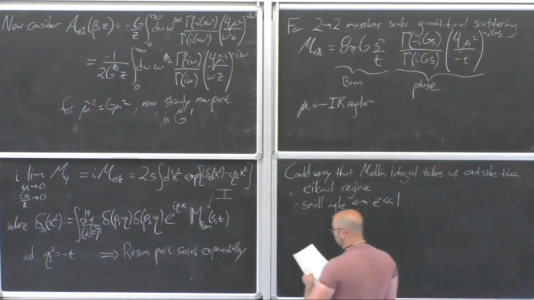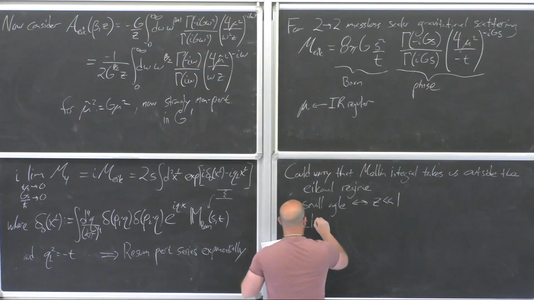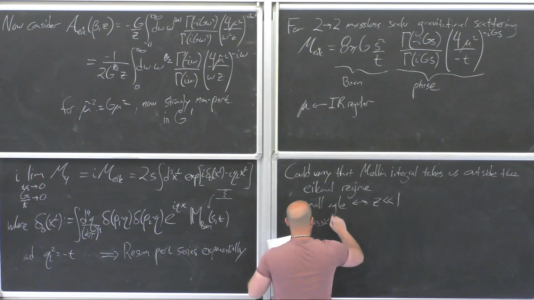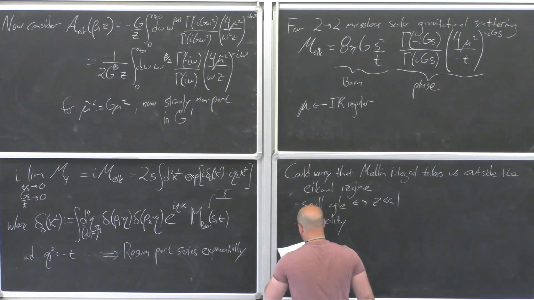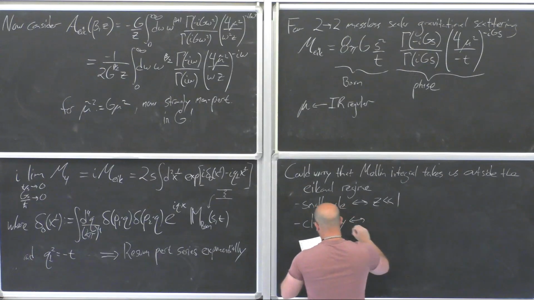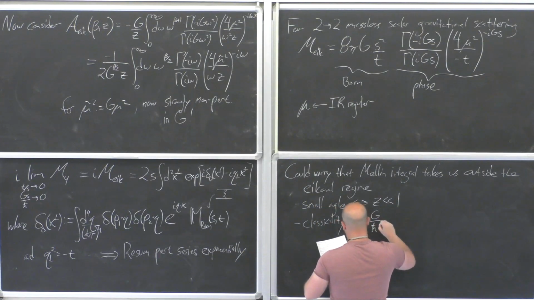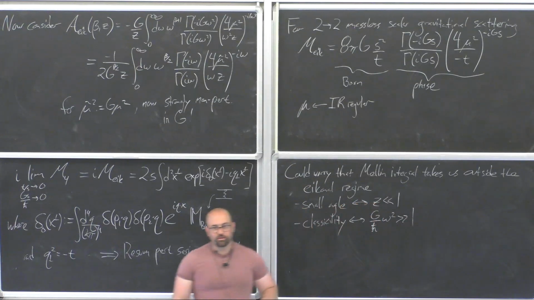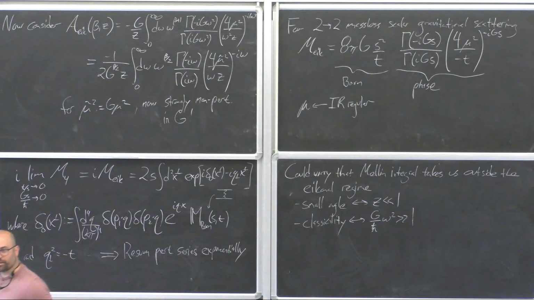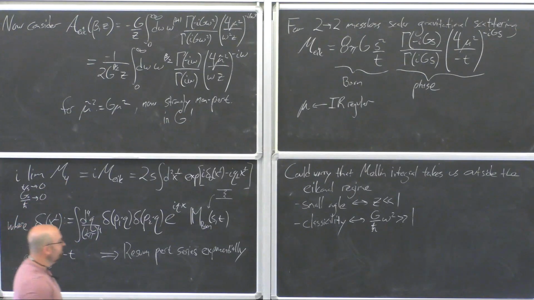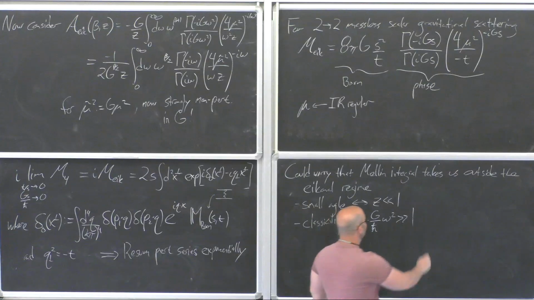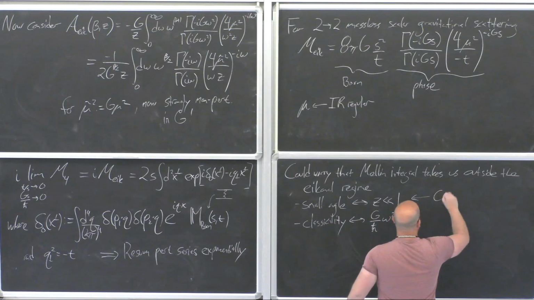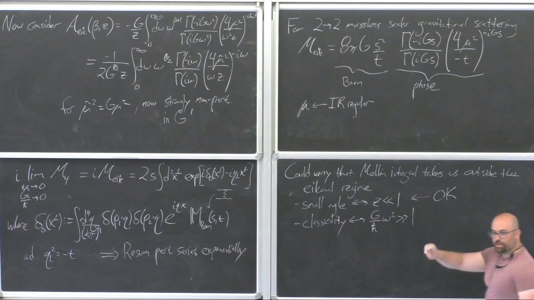And then classicality, this is saying that G over ħ omega squared needs to be much greater than 1. And clearly, there is a small omega regime of that integral which violates this constraint. So this constraint is clearly violated. So this one is okay, no problem. We just impose that by hand by tuning z.